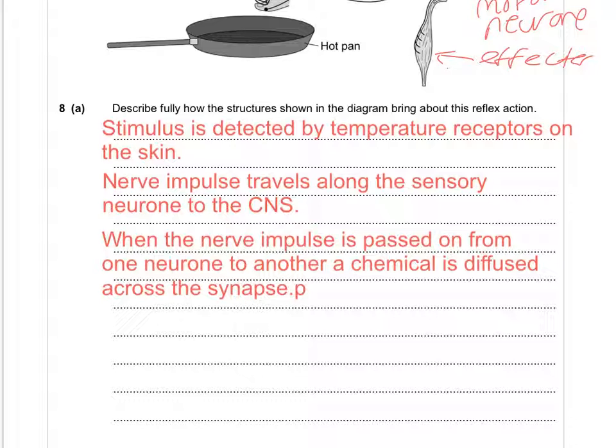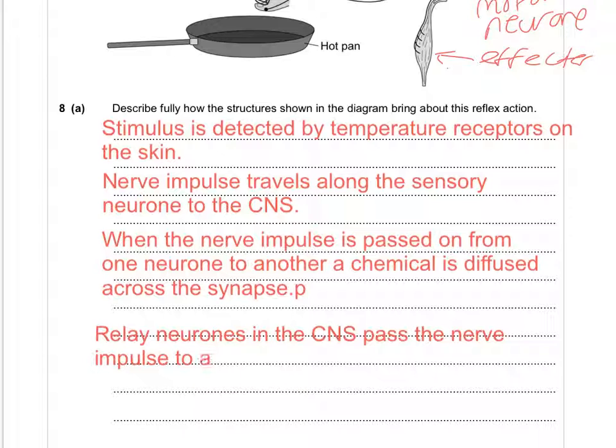Okay, next point then: you've got to say that the relay neuron passes the nerve impulse on to a motor neuron. So I'll put that in. Relay neurons in the CNS pass the nerve impulse to a motor neuron.